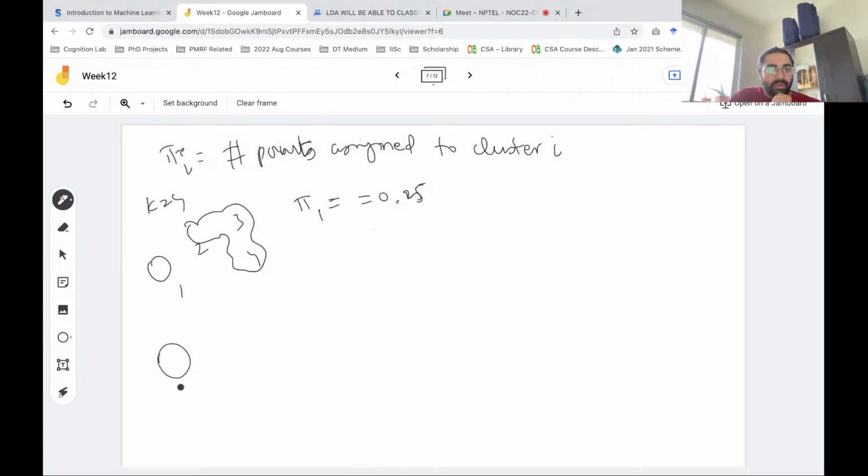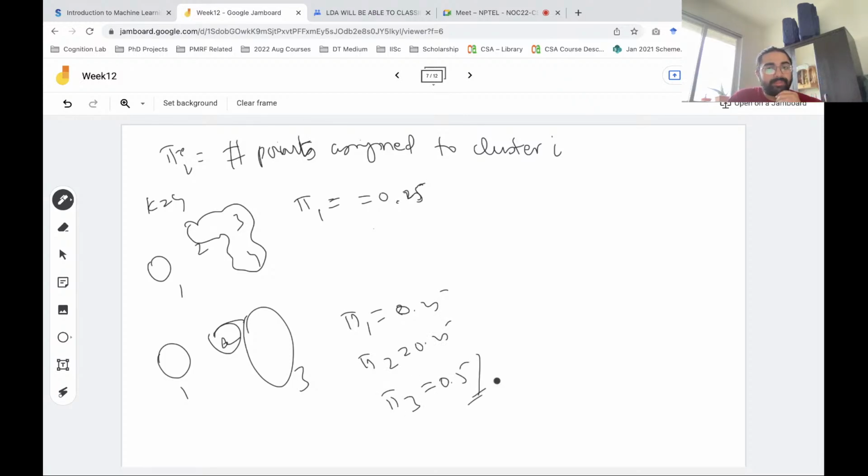So this is one Gaussian, the second Gaussian was somewhere here, and the third Gaussian now consists of all of these points. Therefore pi 1 will still be 0.25, because the number of points assigned to this cluster is still the same fraction. Pi 2 will still be 0.25. Remaining all the points are in this third cluster, so it will be 0.5. This is the idea behind this question.